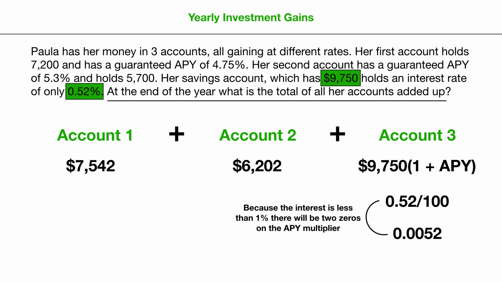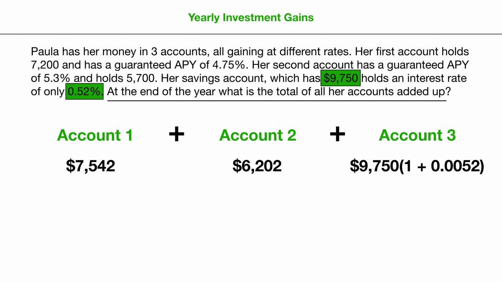So it's going to be very little extra interest gained here. Now you add that 0.0052 to 1, so you have 9,750 times 1.0052, which gives you very little extra interest. This account is at $9,801, so it only grew about $51 for the year.